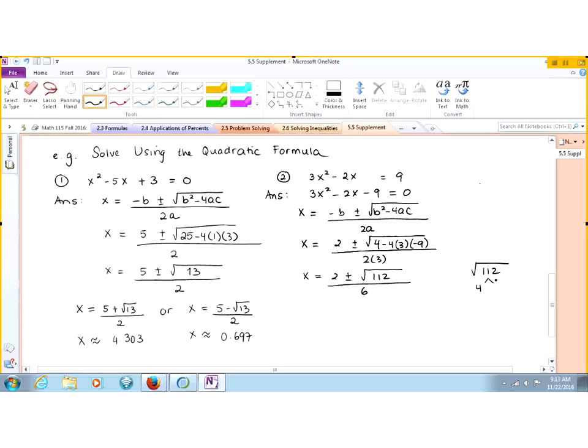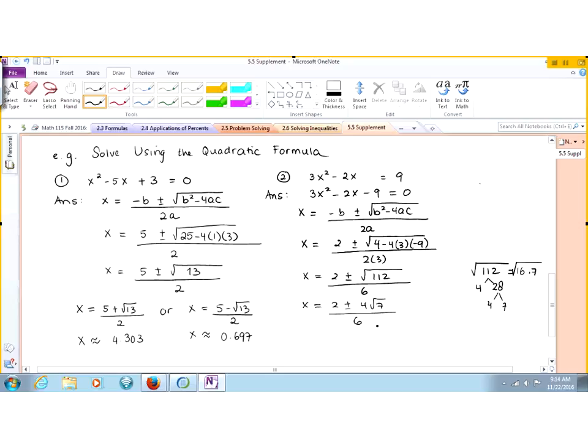Oh, so we could simplify more. So 28 has a perfect square, right? So we could factor out 4 more. So 4 times 7. So 112 is actually 16 times 7, isn't it? So then what happens? 16 is a perfect square, so it will get out. It will become 4 square root of 7 divided by 6.